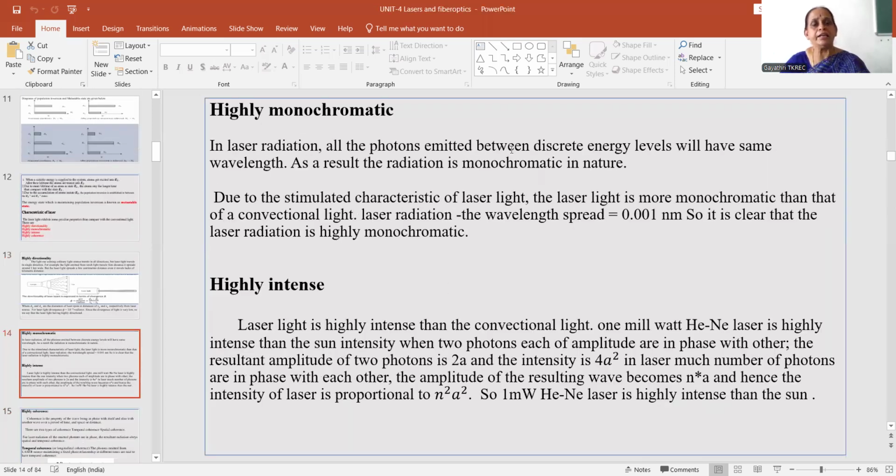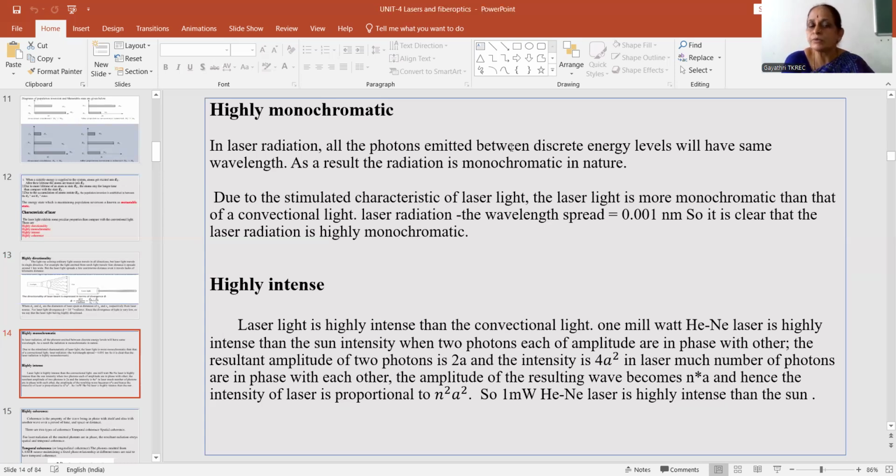Next is highly monochromatic. Mono means single, chromatic means color, so monochromatic means a single color, a single wavelength. In laser radiation, all the photons emitted between discrete energy levels have the same wavelength. That is the main special characteristic of the laser. As a result, the radiation is monochromatic in nature.